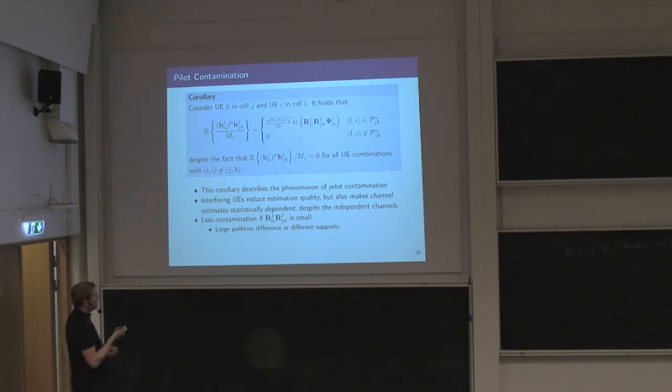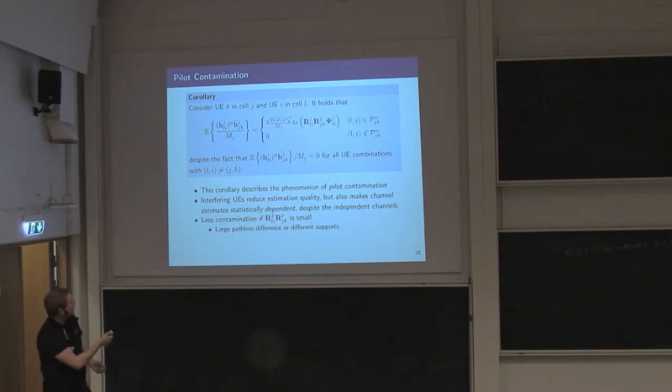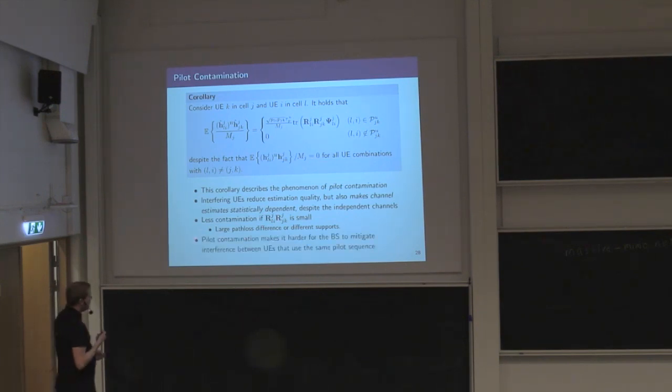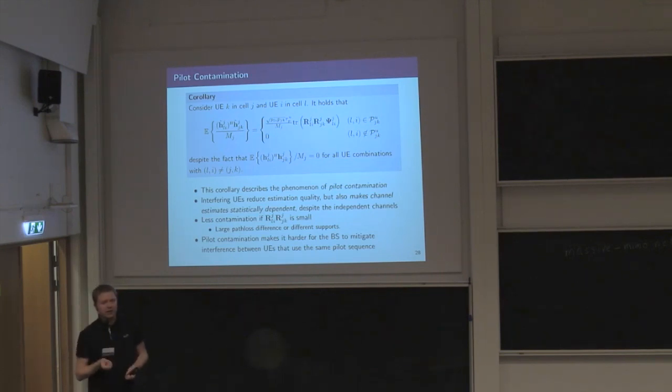So this can really happen when you have different supports, or potentially when the other user is very far away, so that all of the elements in this other matrix are small. But pilot contamination will definitely make it harder for the base station to mitigate interference from this other user, because we don't have a clean estimate of the other user's channel. They are correlated with each other.